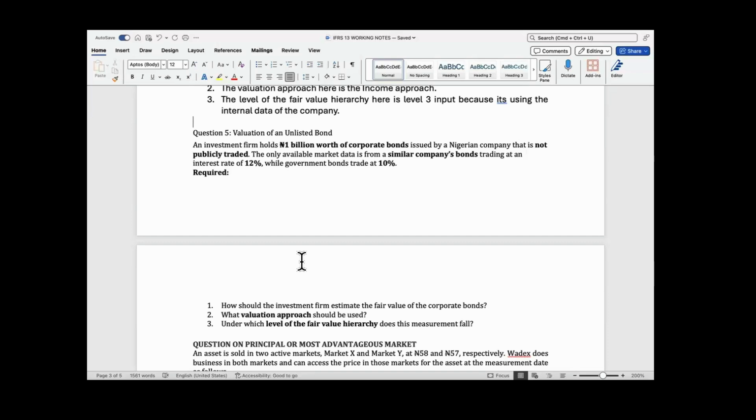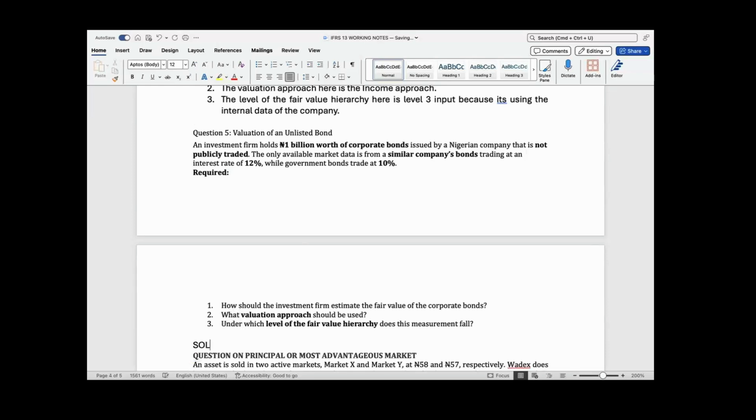The only available market data is from a similar company's bond trading at an interest rate of 12%, while government bonds trade at 10%. Okay, you might find this a little difficult because they didn't give us a direct way to determine the fair value.